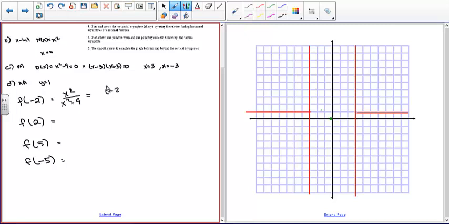So here you have negative 2 squared divided by negative 2 squared minus 9. So that's 4, and negative 2 squared is 4, minus 9 is negative 5. So you get negative 5/4, and you can see you get the same thing here at positive 2, because negative 2 squared is the same as positive 2 squared. So you get negative 4/5.